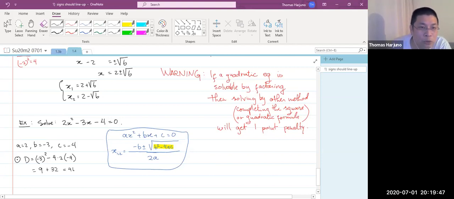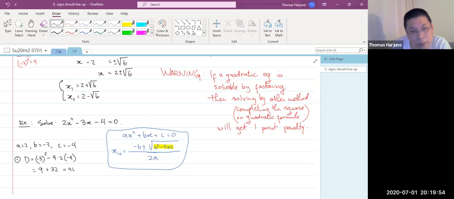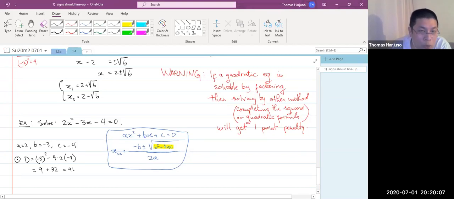Now, why do I ask you to do the discriminant first? Well, because if the discriminant is negative, then there's no real solution. If the discriminant is a square number, then you know it's actually factorable. If the discriminant is positive but not a square number, then you go on.